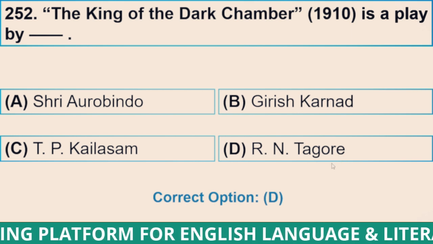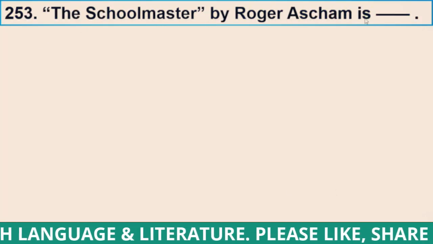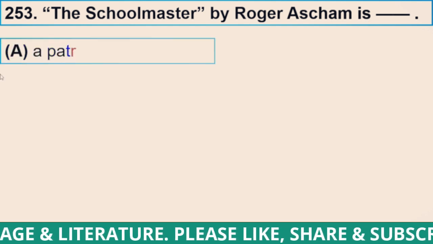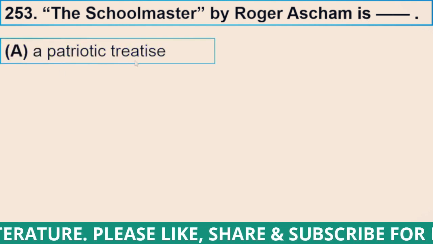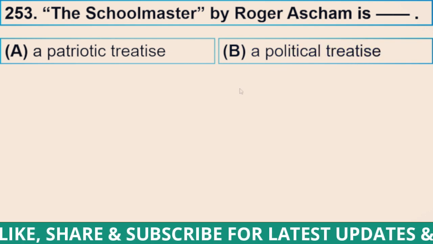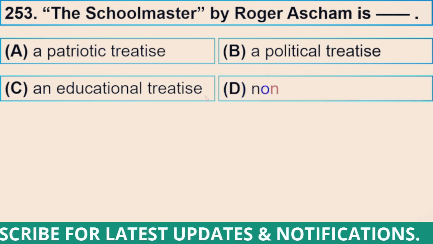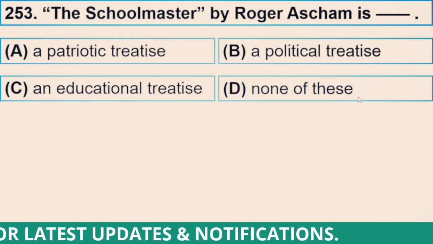Okay. Next question. The Schoolmaster by Roger Ascham is option A, patriotic treatise, option B, a political treatise, option C, an educational treatise, and option D, none of these.